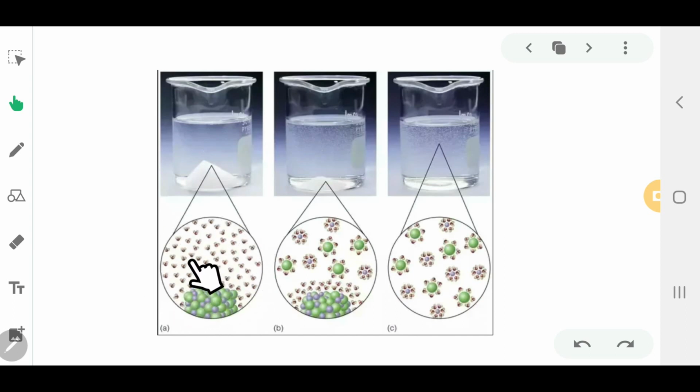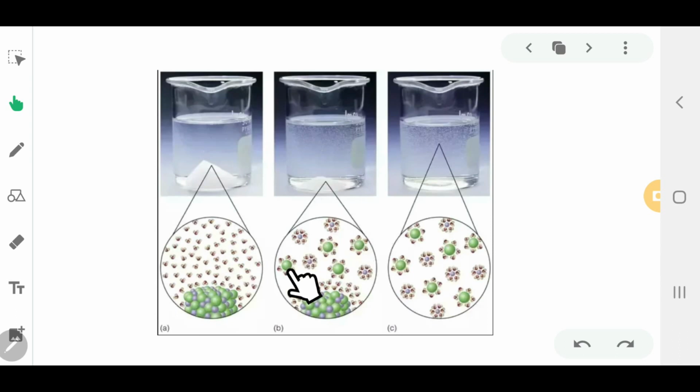The water molecules, because they are polar molecules, will start to dissociate the salts and make a homogeneous solution. In the middle beaker, you can see that the process is starting, with the water molecules trapping the salt components.